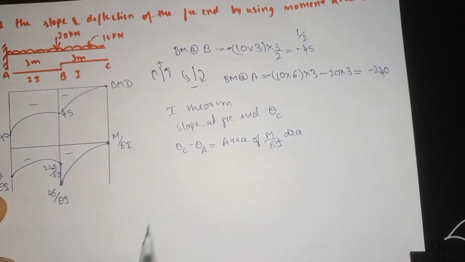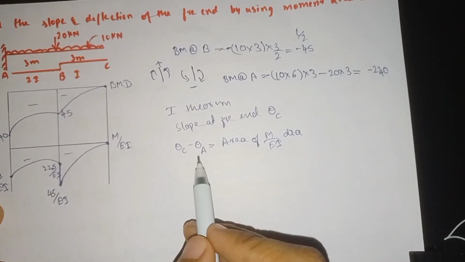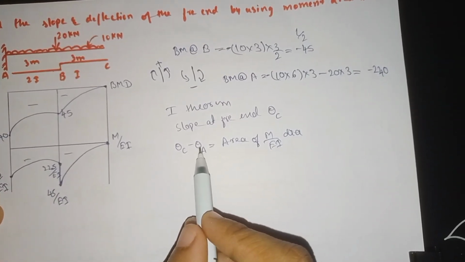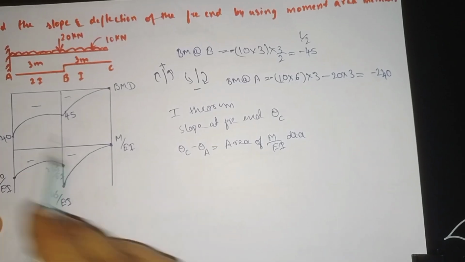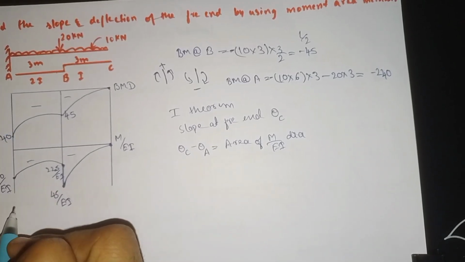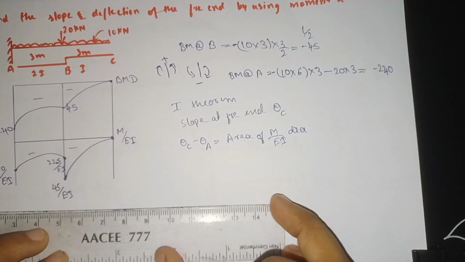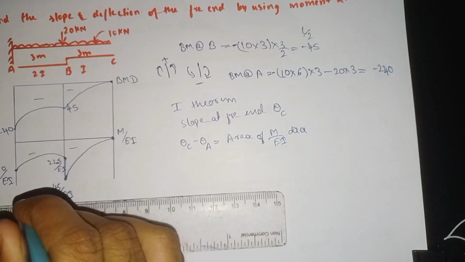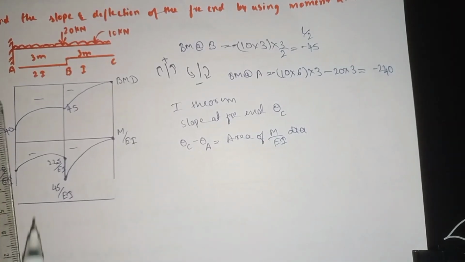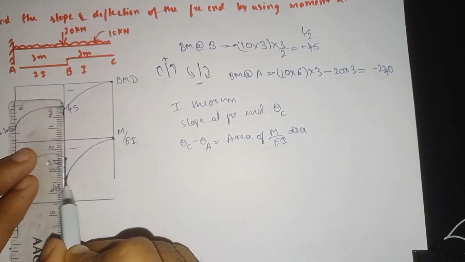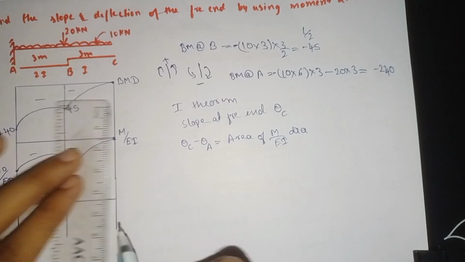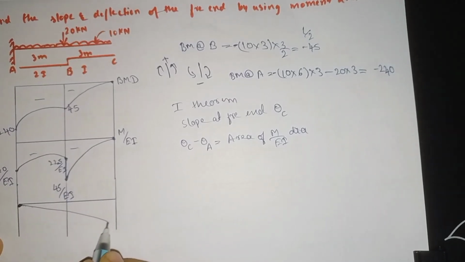Now I will draw how to find it. Before that, see here at point A our slope and deflection will be 0, because if you draw the elastic curve, our value at the fixed end becomes 0. The elastic curve will come like this.